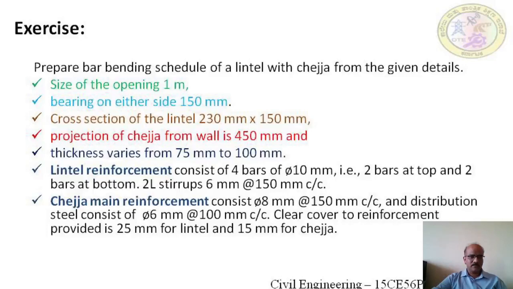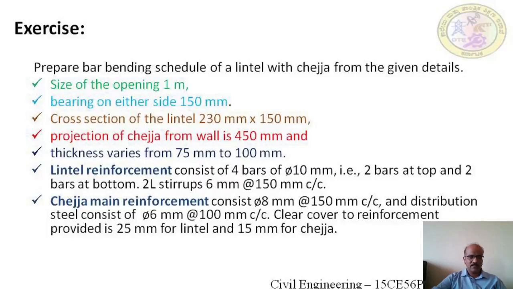Reinforcement details. The lintel reinforcement consists of 4 bars of dia 10 mm, that is 2 bars at the top and 2 bars at the bottom, and 2 legged stirrups of 6 mm dia at 150 mm centers are provided.